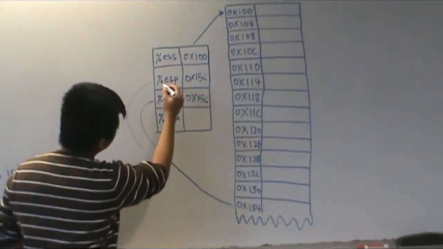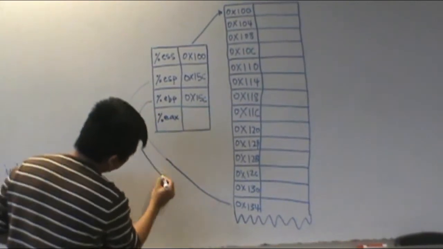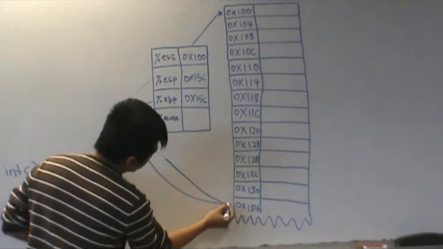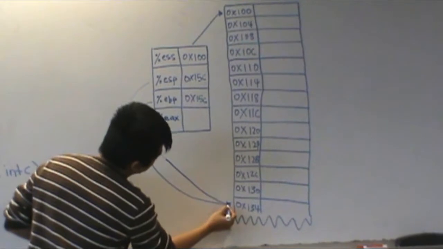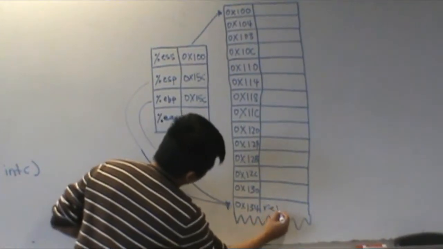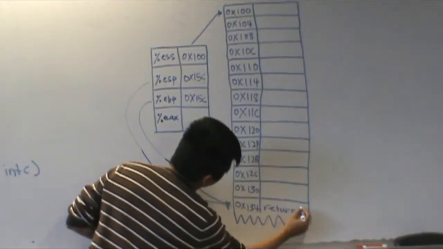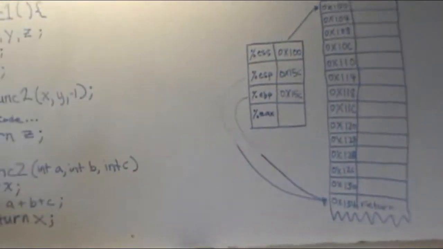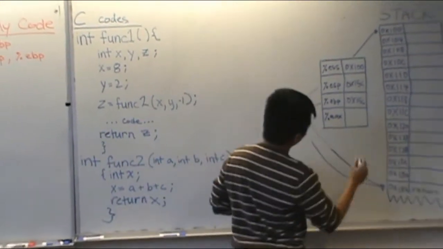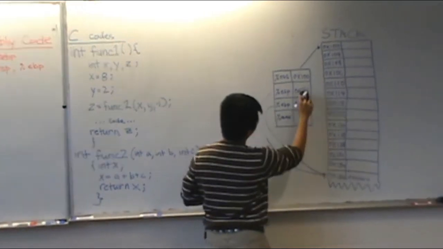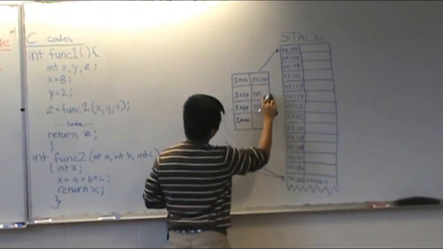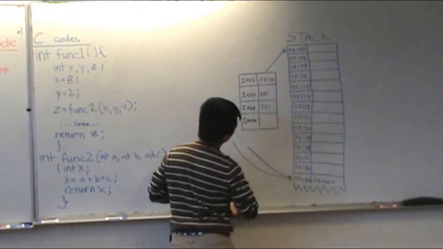Then the move ESP to EBP is the same thing. We move to this address, and this will be the return address once we come down to here. So EBP and ESP address value will be 134.